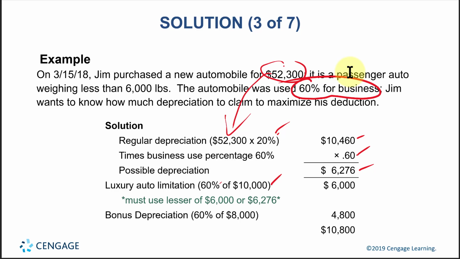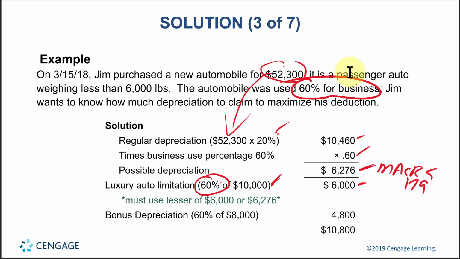And you don't compare the $10,000 to this business percentage here, but you've got to reduce that limitation by the business percentage to come out with a new revised business dollar limitation. Now you compare it to your business deduction. Again, this would be MACRS, but it also would apply to 179 that they didn't show in this example. And the maximum of MACRS and or 179 would be 6,000 for the year.